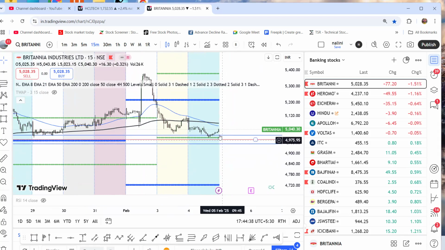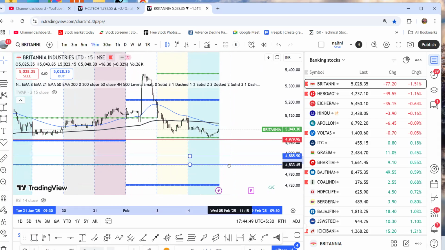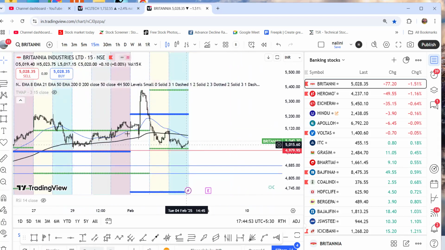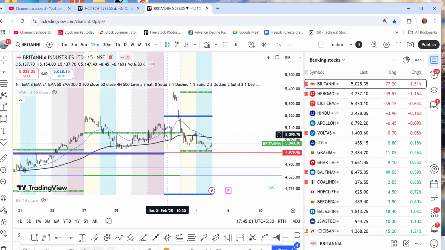So if the market, Britannia, doesn't fall below this, even if it falls below this level will act as support for the market. So you can take as the guideline, RSI must be oversold. Britannia, you can keep it in your watch list for this is the drop and this is the drop.